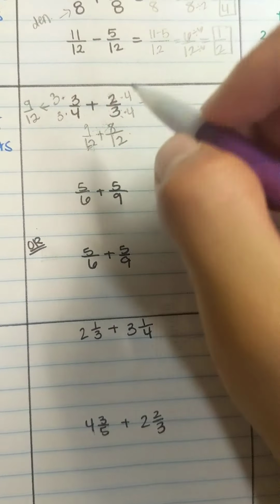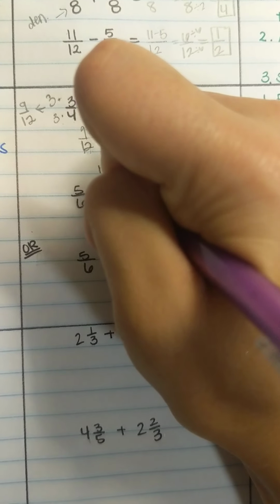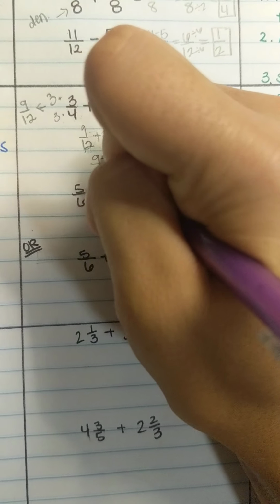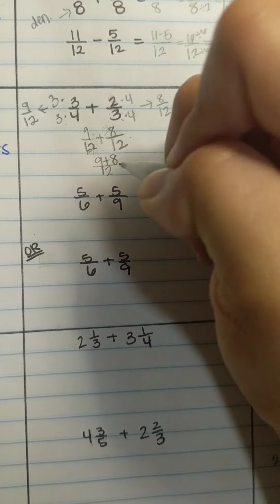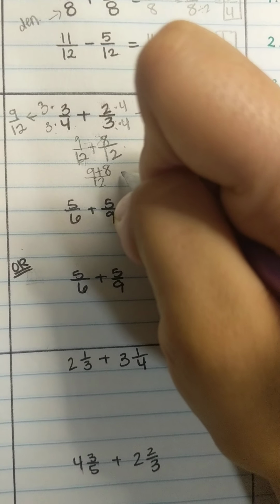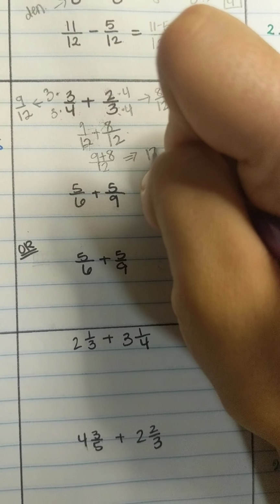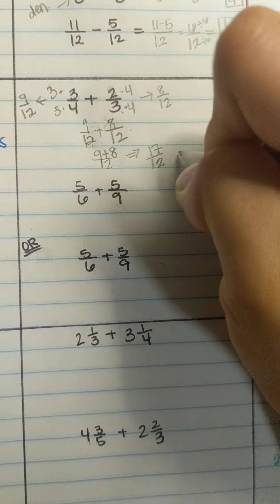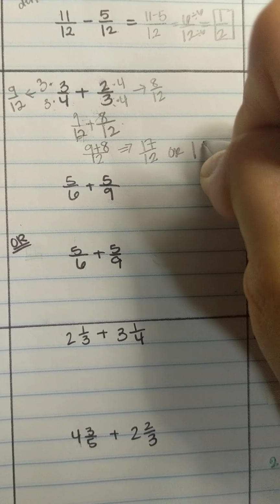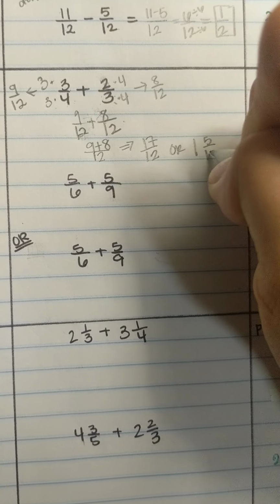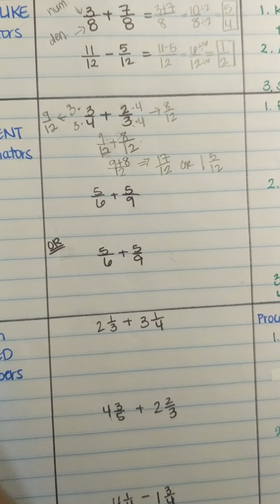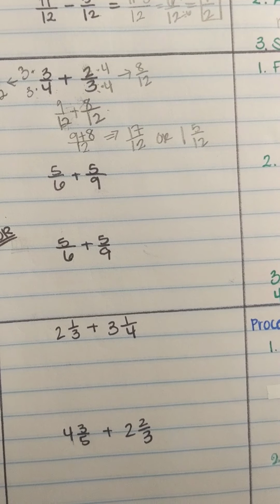Again, the denominators stay the same, and really what you're doing is adding the numerators. 9 plus 8 is 17. This becomes 17/12, or you could write this as 1 and 5/12 if you wanted to change it into a mixed number.